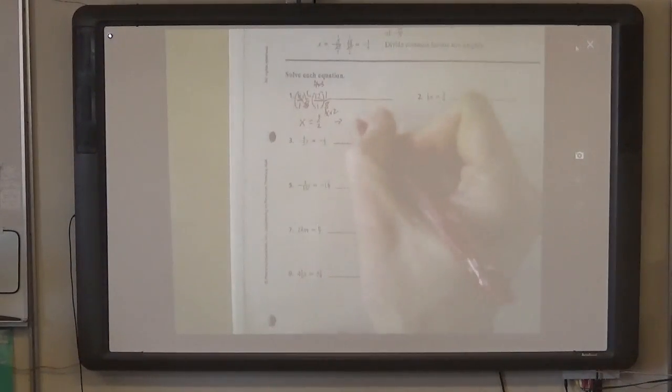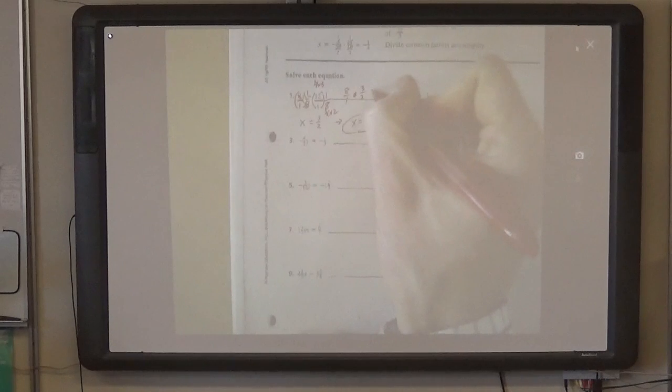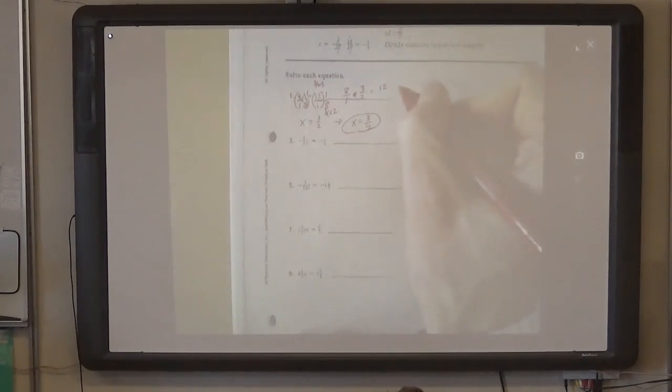Now, x equals 3 over 2, and 8 over 1 times 3 over 2 equals 12, and that is true.